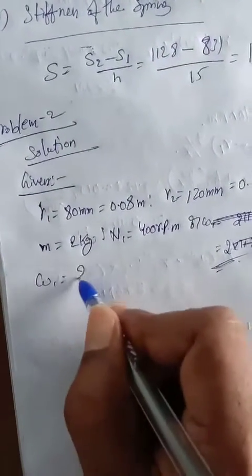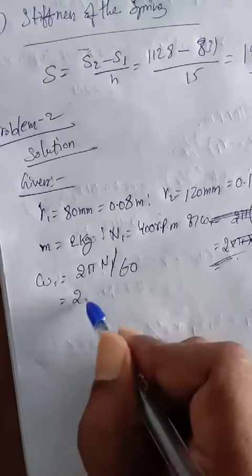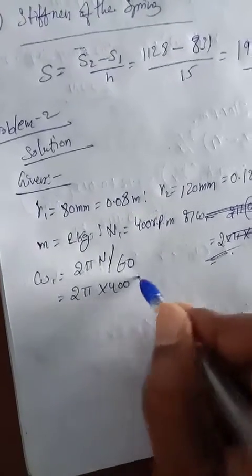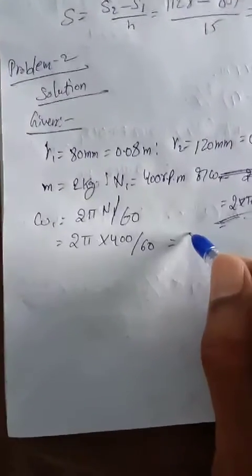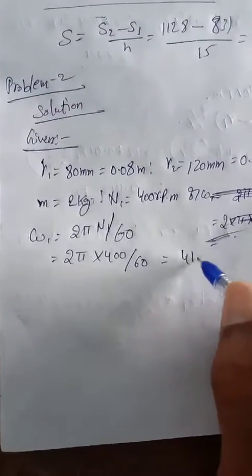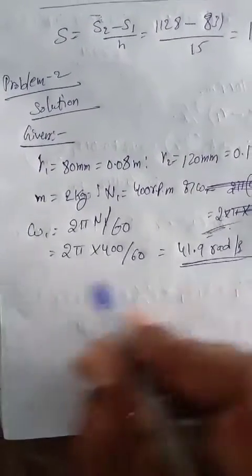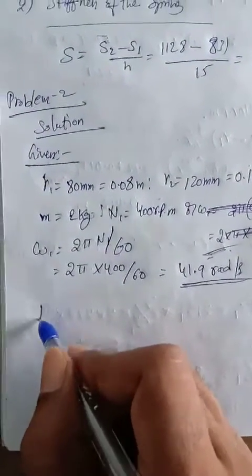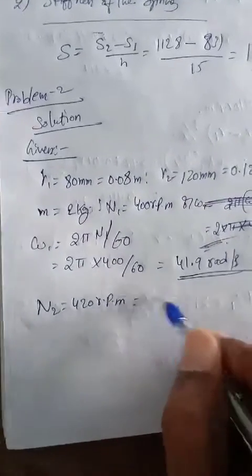So omega 1 is equal to 2 pi N by 60. Then 2 into pi into 400 divided by 60. Then here we calculate this. We find 41.9 radians per second approximately. And then N2 is equal to 420 rpm.